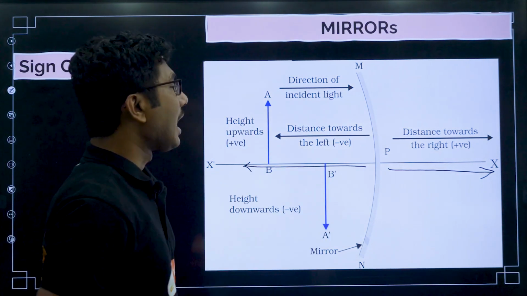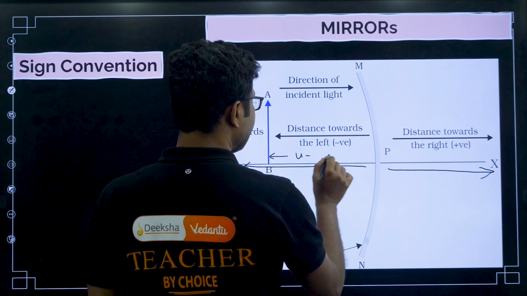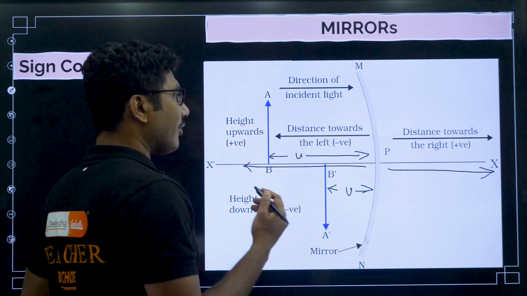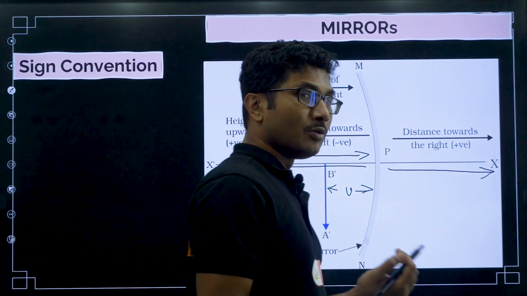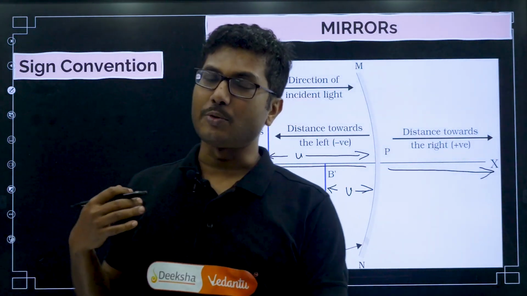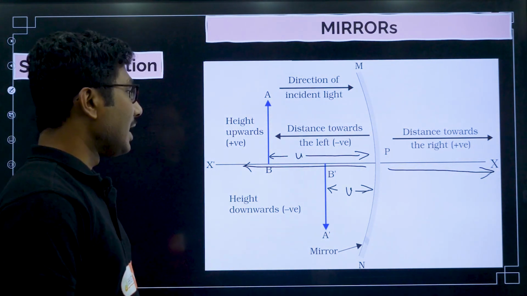For mirrors, if the object is real, then both object distance and image distance are negative, and while solving the numericals, you have to keep in mind this sign convention. So you have to put the appropriate sign to solve the problems, right?